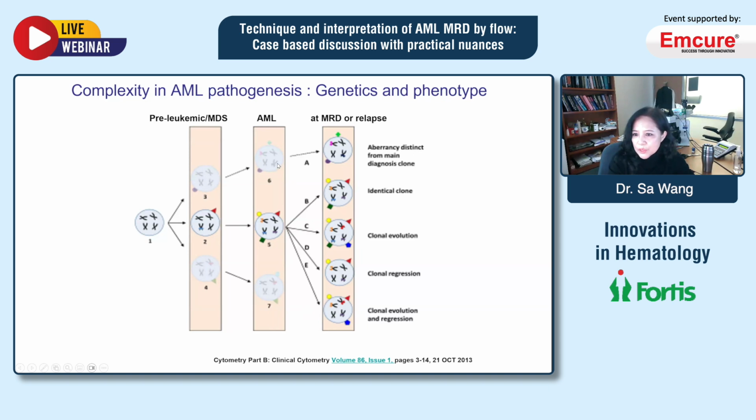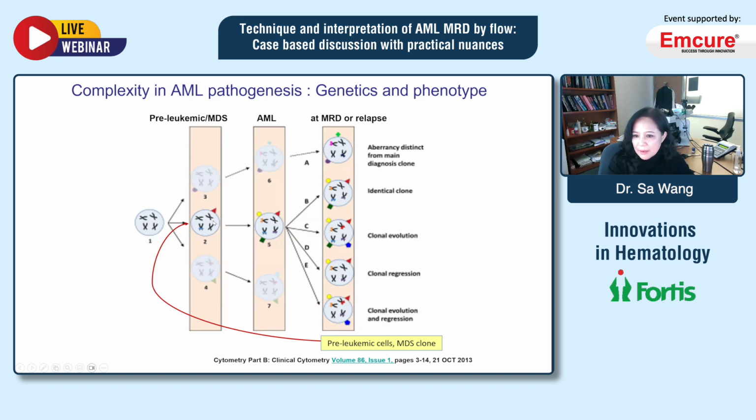At the time of diagnosis, this clone is super small. You don't see it. But it is really treatment resistant. At the time of MRD, you see a very, very different immunophenotype. That's why deviation from normal is absolutely needed. But you have to be very careful, because the cells may actually revert back to the pre-leukemic cells or MDS clone, right?